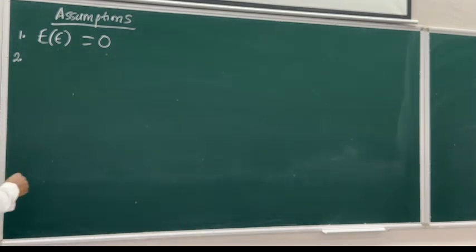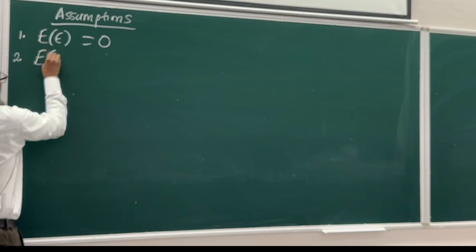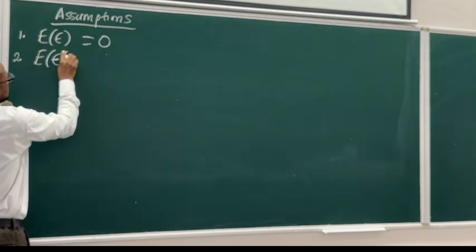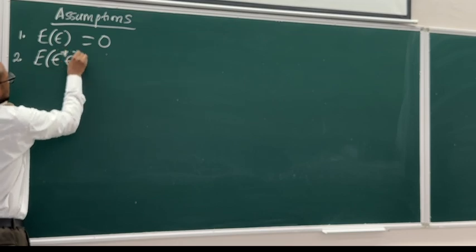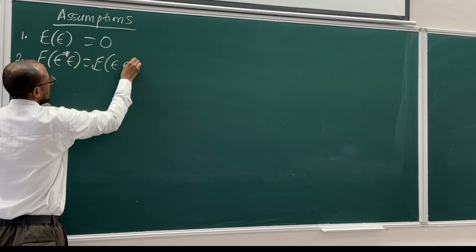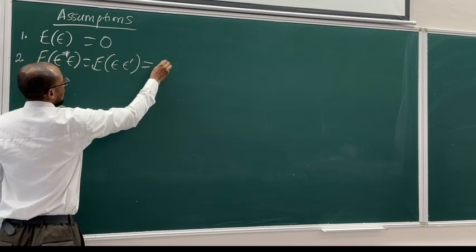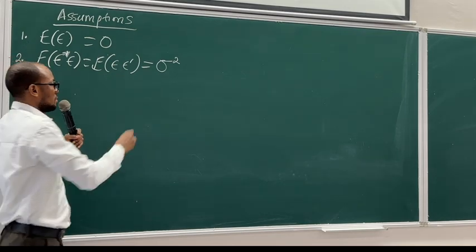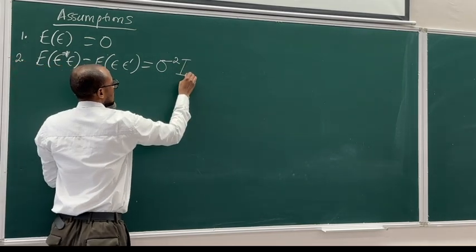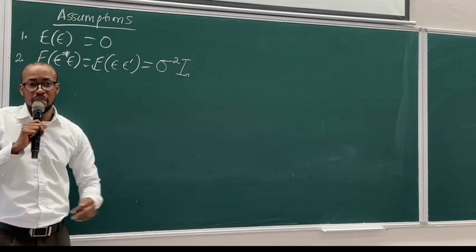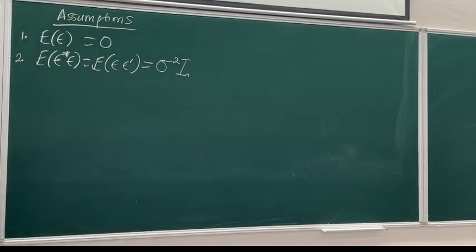So we can write it in this form: the expected value of E transpose E is equal to sigma squared, constant variance. And of course, we always put the identity matrix, because we're dealing with matrices now.